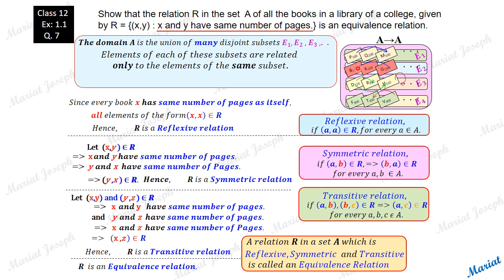Same with this subset also. Each element of this subset will be related to the elements of the same subset, not to any book outside the subset. These subsets are called equivalence classes.